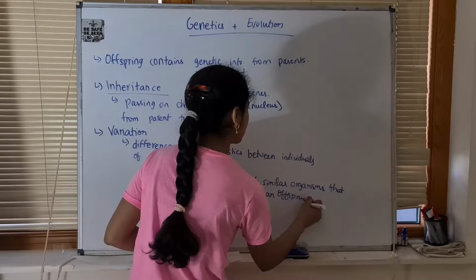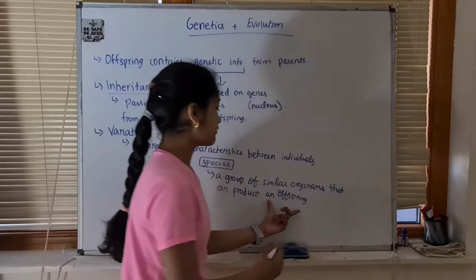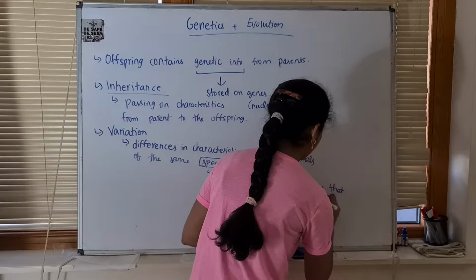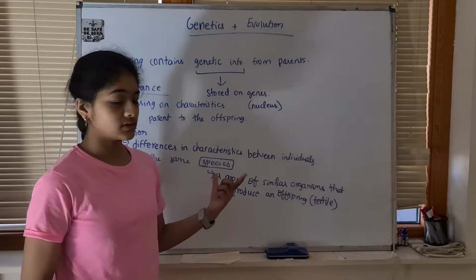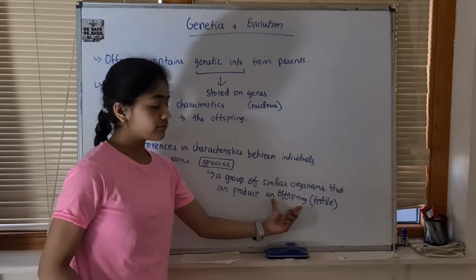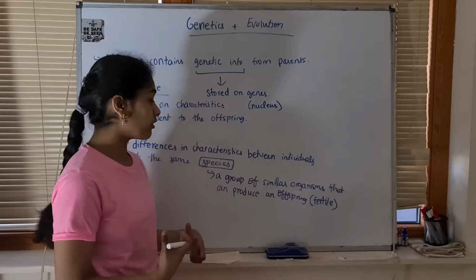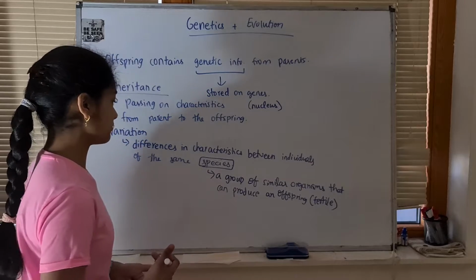And this offspring should again be able to reproduce, so we call this a fertile offspring. Species is a group of similar organisms that can produce an offspring, and this offspring can also produce some more offspring. That's why we call it a fertile offspring.